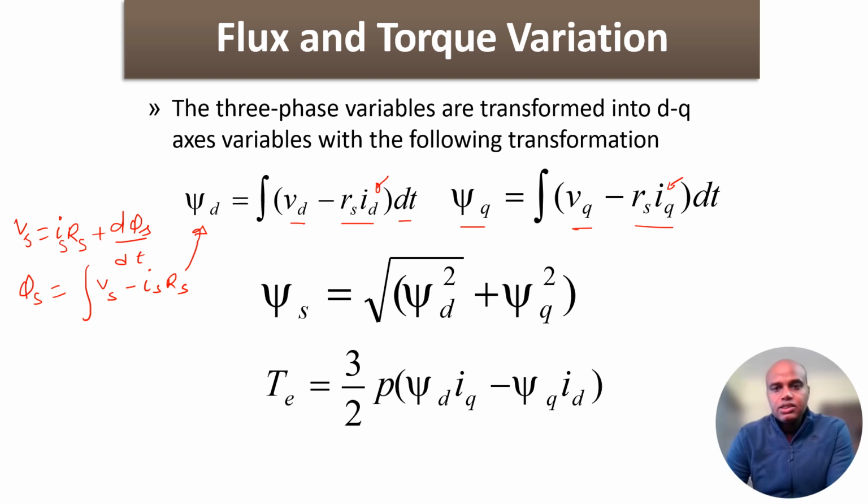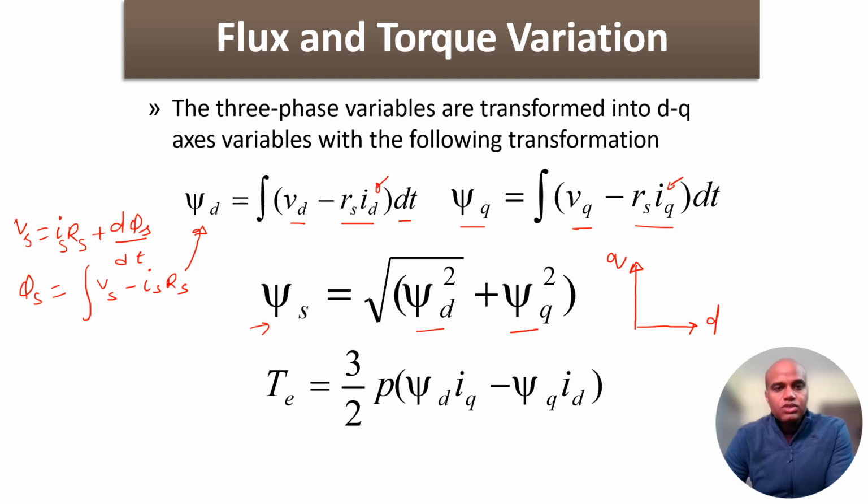We know that the direct axis and the quadrature axis are 90 degrees apart. Therefore the total stator flux is the square root of the direct axis stator flux squared plus the quadrature axis stator flux squared.